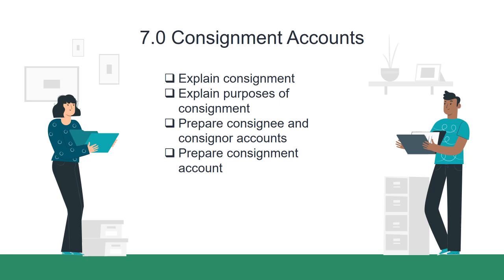They call it commission. So we will explain consignment, explain the purpose of consignment, and also prepare the consignee and consignor accounts. We will end up preparing a consignment account.